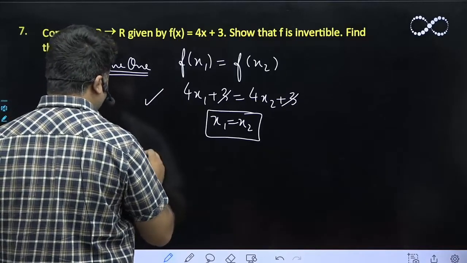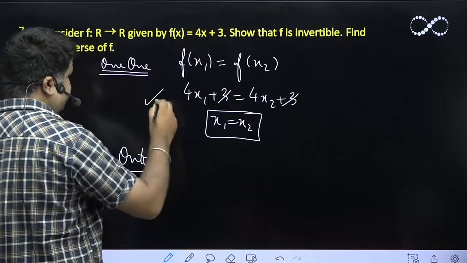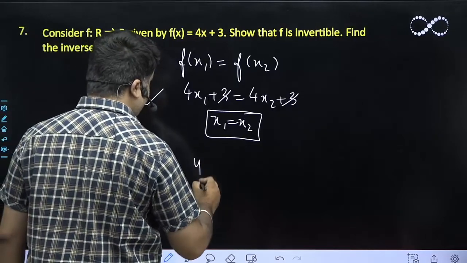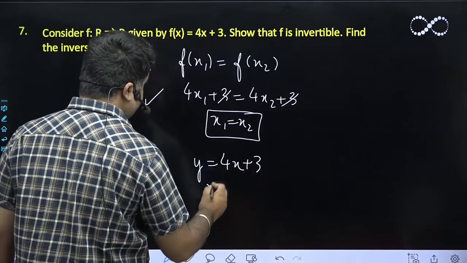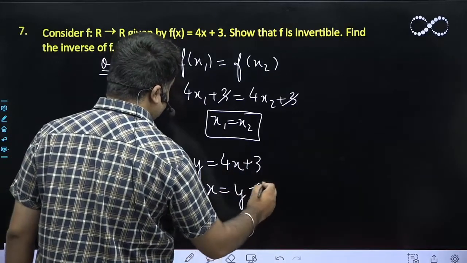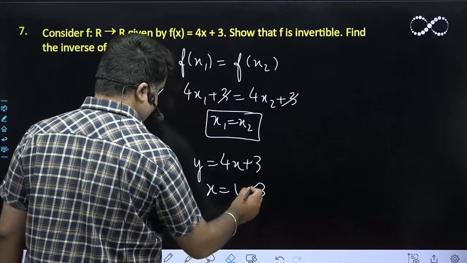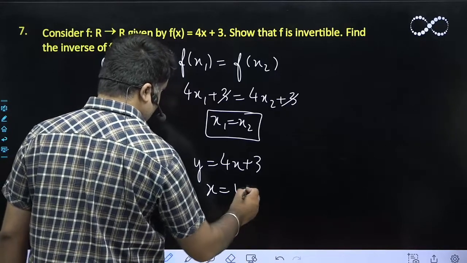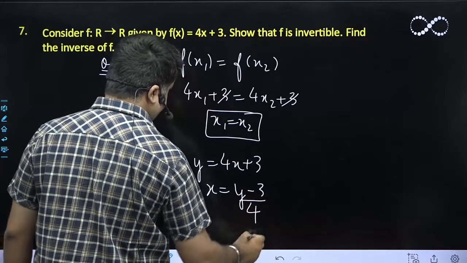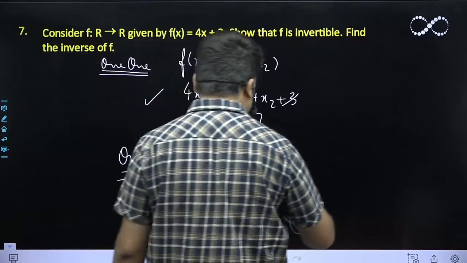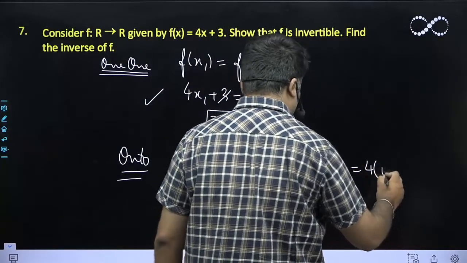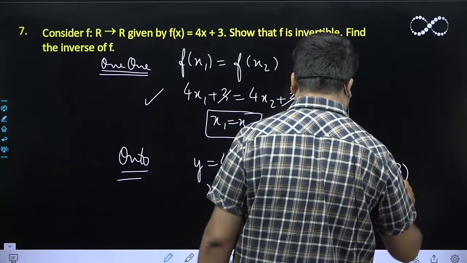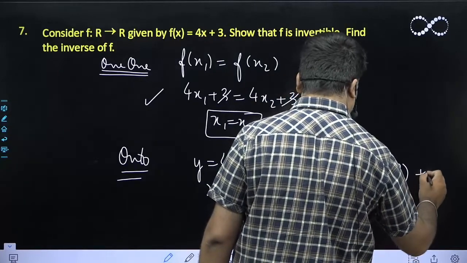For onto function, this is pretty easy. You equate this to y. y is equal to 4x plus 3. You calculate the value of x, which is equal to y minus 3 upon 4. Okay, and you substitute this value again here. You get y is equal to 4 times y minus 3 upon 4 plus 3.